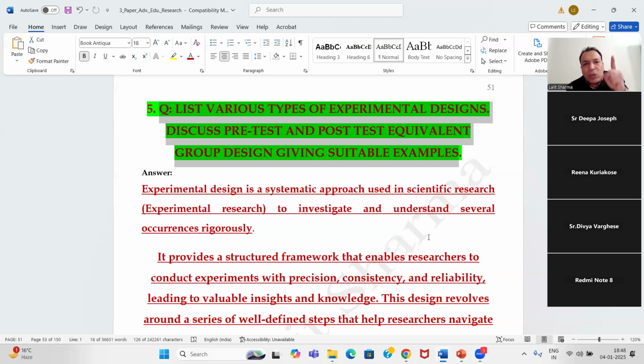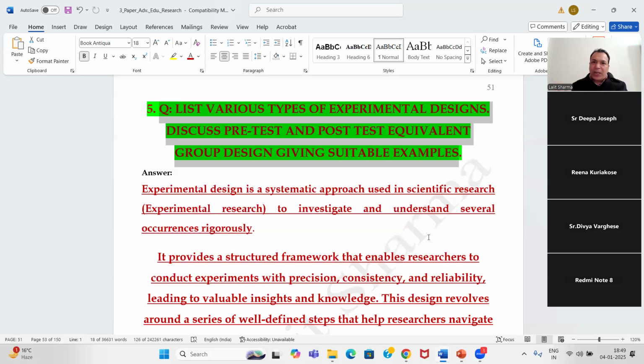Guys, that's why you have to learn the examples. I have already told you, and even the examiner has asked for it. It is written, giving suitable example, right? So in this paper, with the help of an example you can learn it, and with the help of an example you can stretch it. In my notes also you have seen that I have written every example, and in my lectures I have used examples.